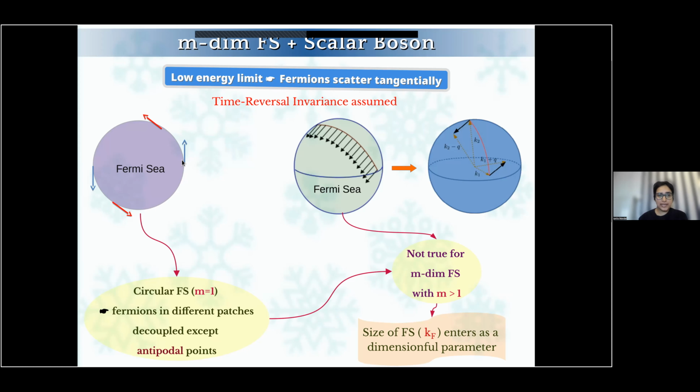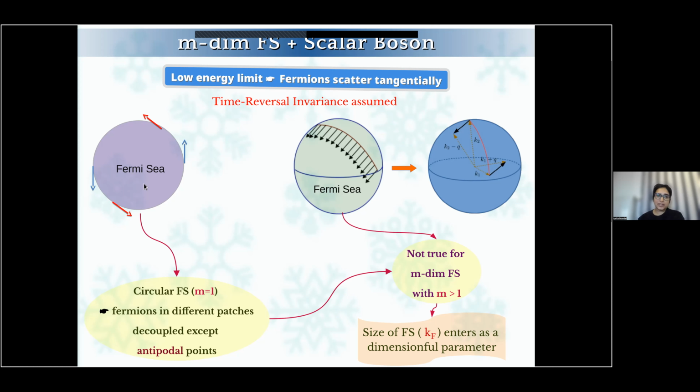This is because if the fermions scatter perpendicular to the Fermi surface, that will cost a lot of energy, and we don't want to keep those processes in our low energy field theory action. Now, we will also assume that the system has time reversal invariance. That means if we have a right moving fermion, we must also consider its left moving counterpart.